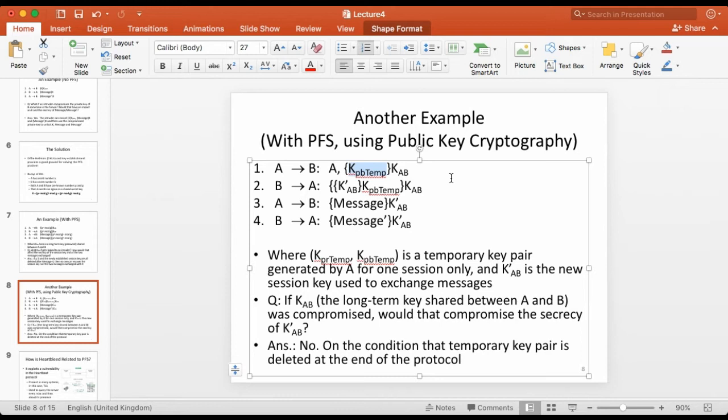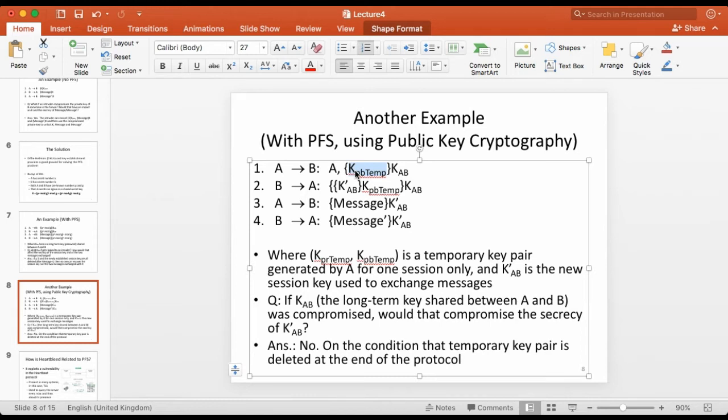So in other words, if you rerun the same protocol in the future in another session, you will generate a completely different temporary public key. So a temporary key pair implies a temporary public key and the corresponding temporary private key that you can use to unlock any encryptions made with this public key.